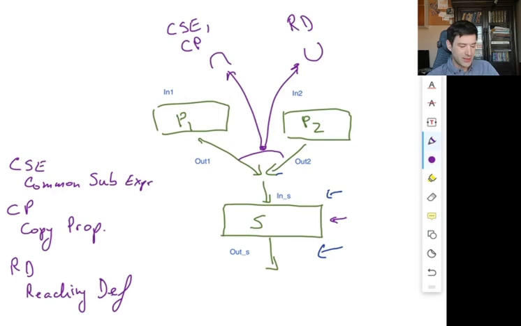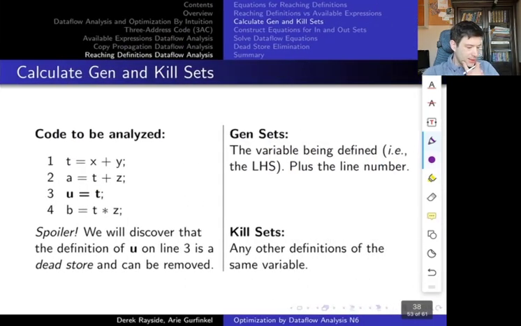In this case, when I'm looking at a statement, if something flows from at least one of the sides, then that definition is reachable at S, and S can use it at some point. So that means that the combination that I want to do is a union rather than an intersection. I want to know that the definition may get somewhere, and it doesn't matter if it always gets there.